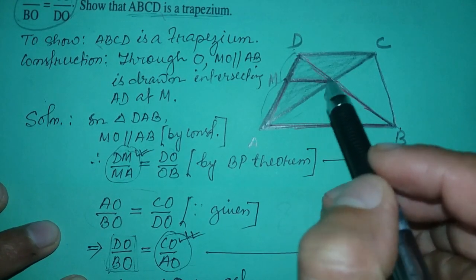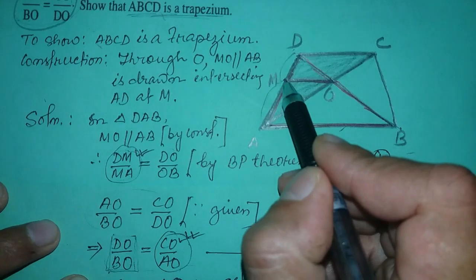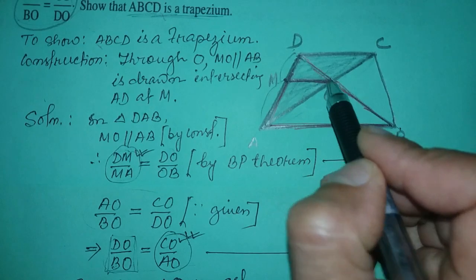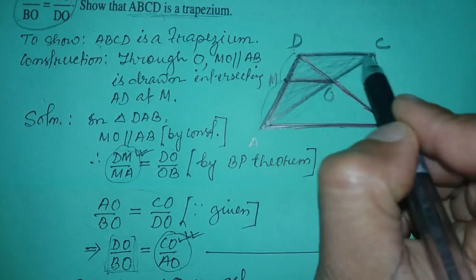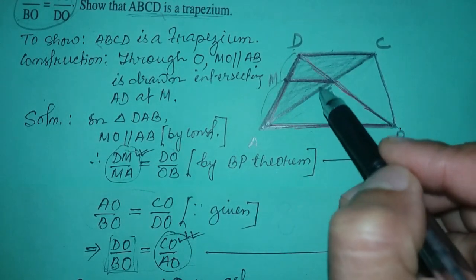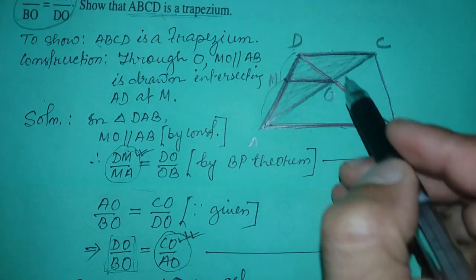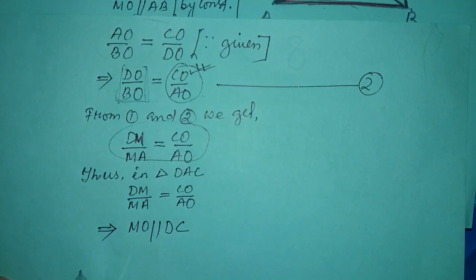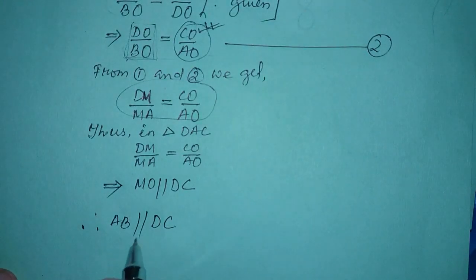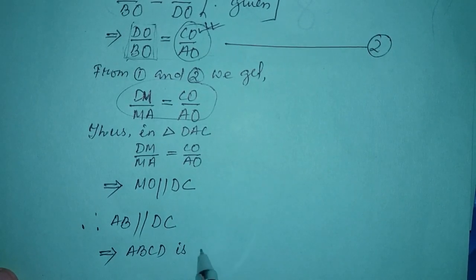Now what we have by construction is that MO and AB are parallel. What we get in the last step is that MO and DC are parallel. So this shows that these three lines are parallel. So now we can say that AB is parallel to DC. Therefore AB is parallel to DC. Now since the two sides of the trapezium are parallel, we can say that ABCD is a trapezium.